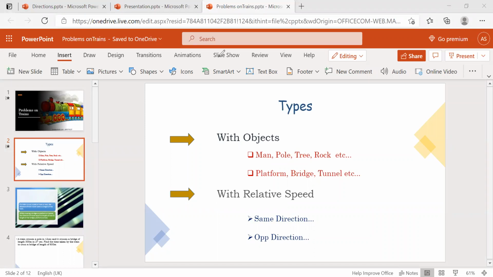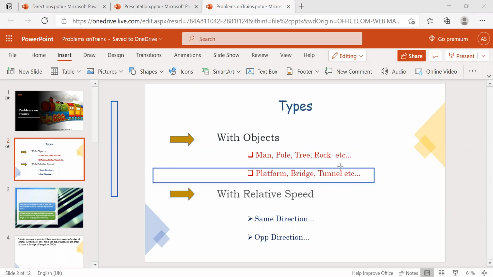Now, suppose here it is one pole, and here I have one train.